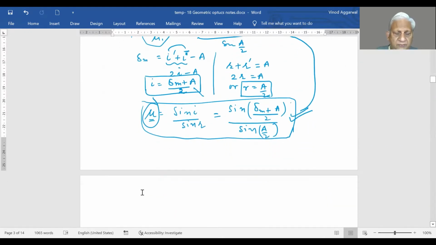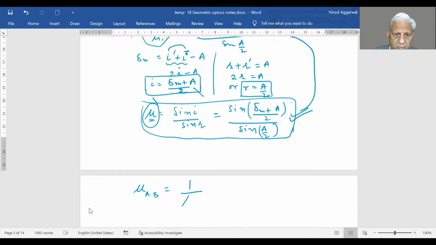Now, a few conventions in mu. When we write mu of A with respect to B, we can reverse the equation also.